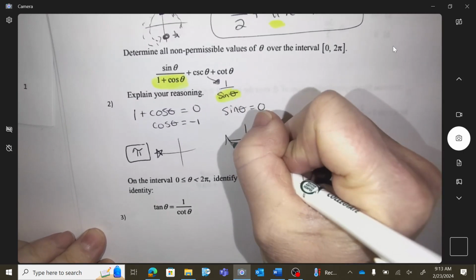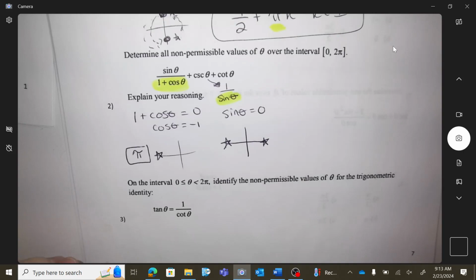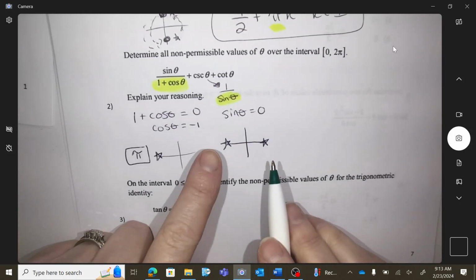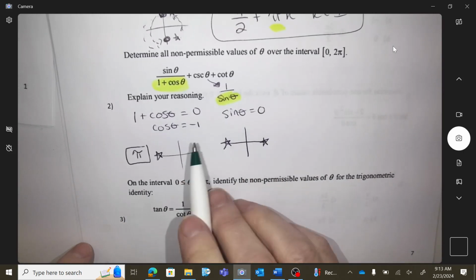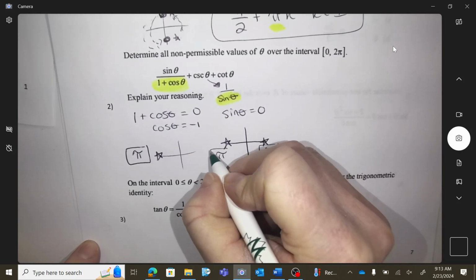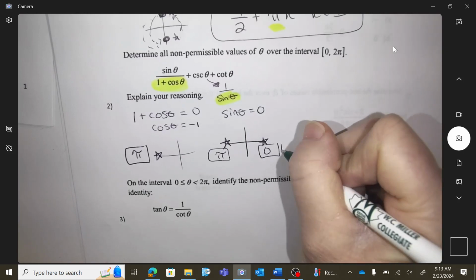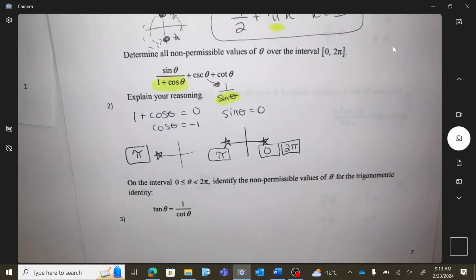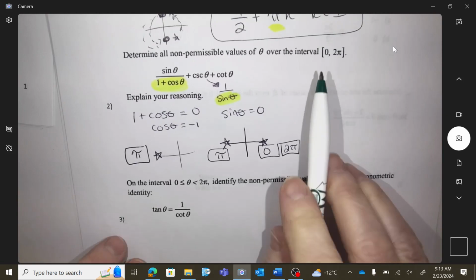Heights of 0. Yep, 0. So 0 is another answer. Pi, well, we kind of already wrote that down, but whatever. And 2 pi would be another answer. I can include them all because of my domain.